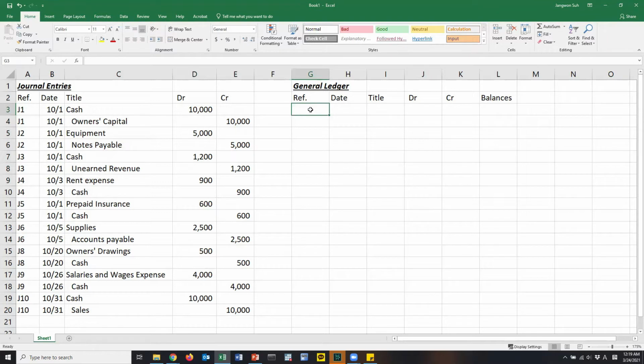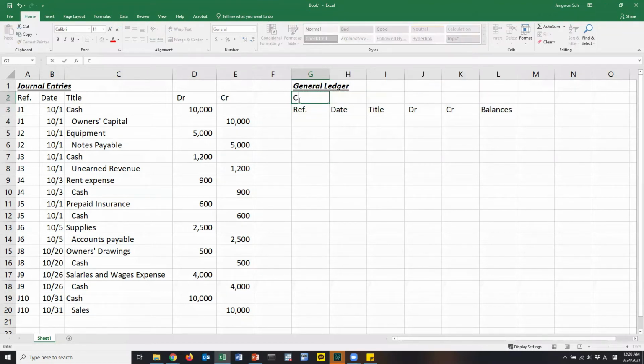We post these journal entries into the general ledger to figure out the ending balances. For example, cash. Let's talk about the cash general ledger. Maybe we should have one more line.